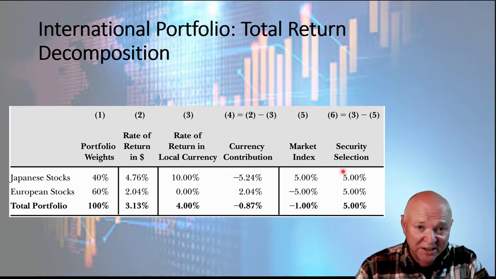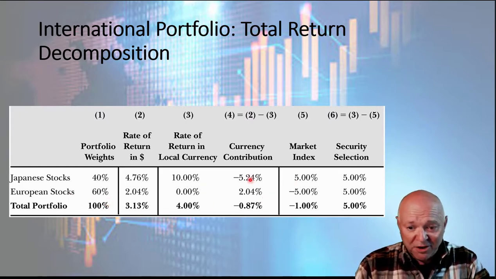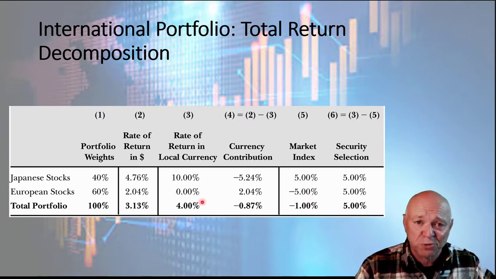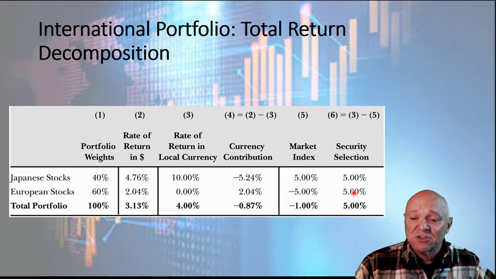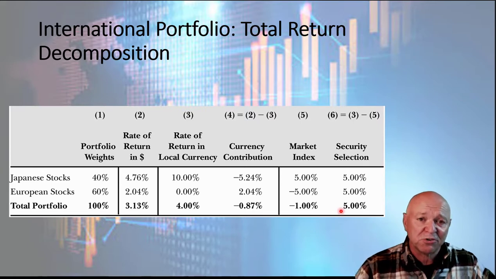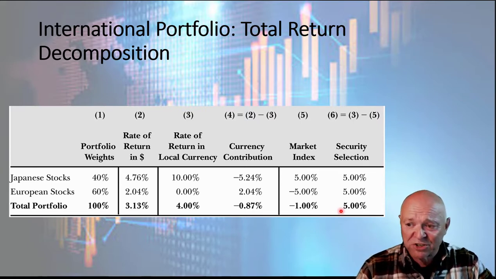So our security selection produced a 5% better rate of return than, in this case, the Nikkei index. And for our investment in BMW, well, the market fell by 5%. We had a 0% rate of return, and so the security selection result was 5%. And here the weights times the percentages come out to be the same, so we did 5% better because of security selection.